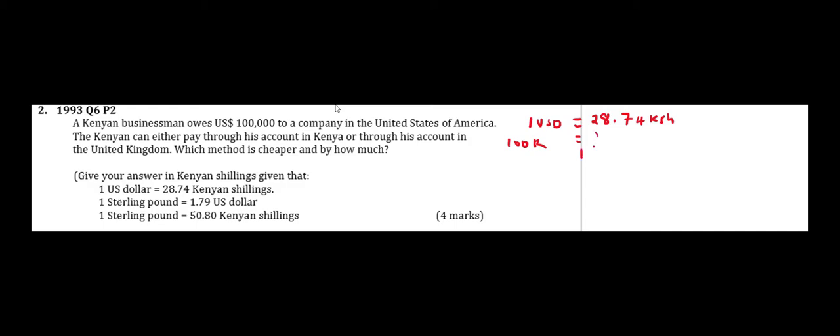So this will be 100,000 multiplied by 28.74, and that will be the answer in Kenyan shilling. That is the first thing. That gives us 2,874,000.